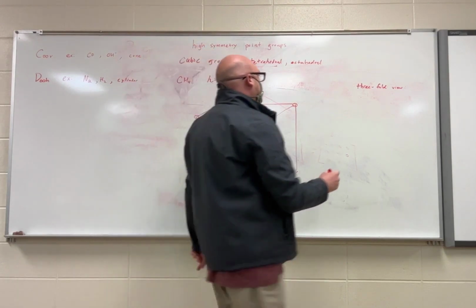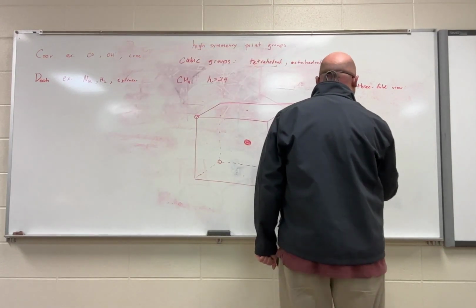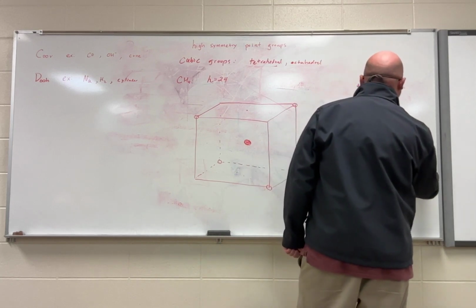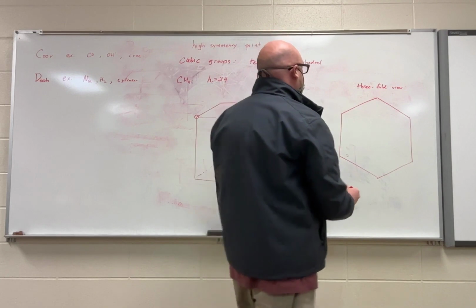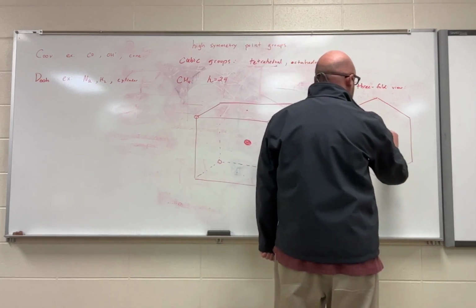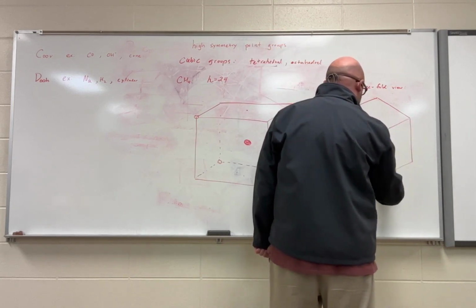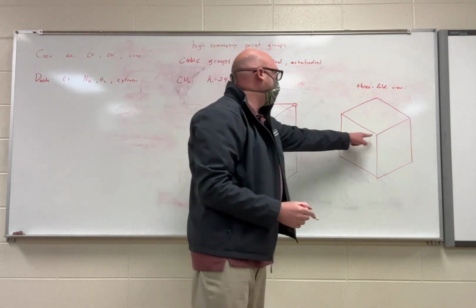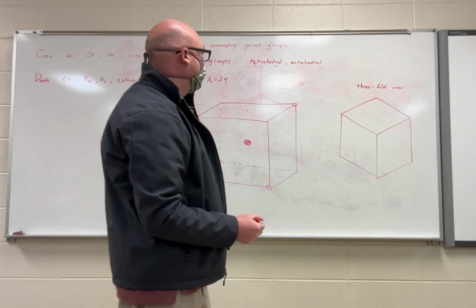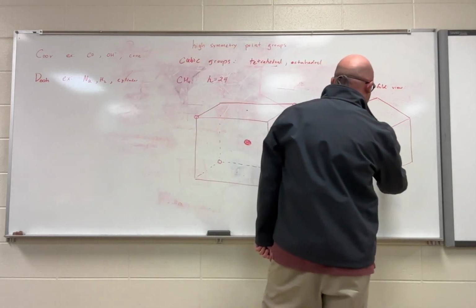Right? So if I do that, I'll draw a hexagon as a shadow. That hexagon will be split into three equal sections. Right? So this point is here. And then the carbon is exactly in the middle.